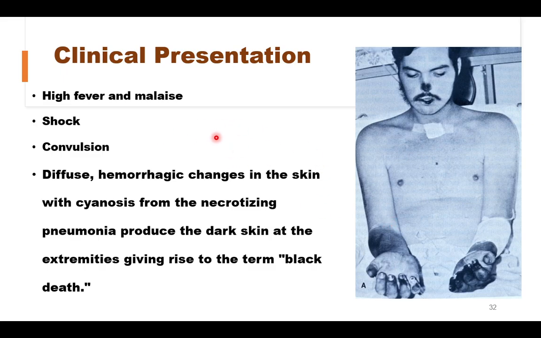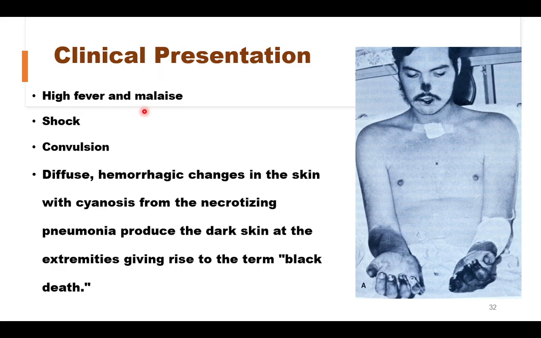Other modes of presentation: the fever associated with plague is different from what you have with brucellosis. Remember, we said with brucellosis it's low grade and undulant. With Yersinia pestis, there's high grade fever, something that the patient will complain about.